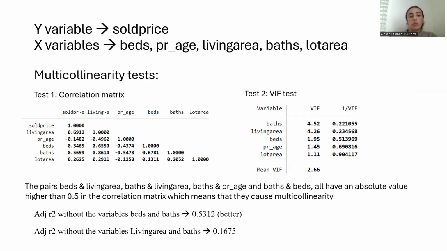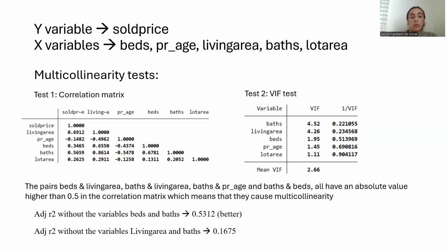First, we have to run our multicollinearity tests, starting with the correlation matrix, where we can see that there are several pairs that present multicollinearity. The pairs beds and living area, baths and living area, baths and property age, and baths and beds all have an absolute value higher than 0.5, which means that they present multicollinearity.